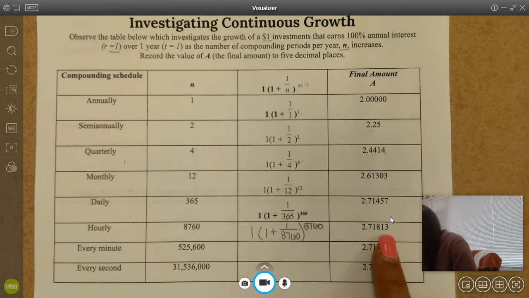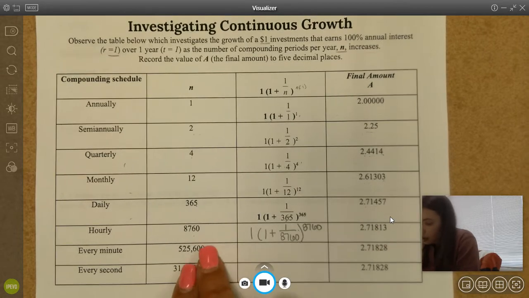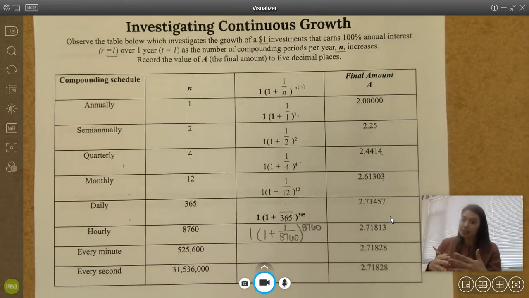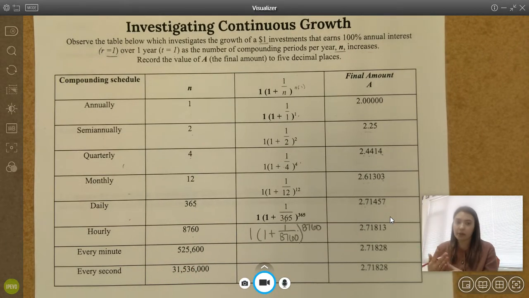And then last but not least, now we're going to get into something that's a little bit more continuous. If something happens once a year, it doesn't really happen that often. If something happens twice a year, it doesn't really happen that often. If something happens 4 times a year, okay. Once a month, okay. Something happens daily, that's way more frequently. Something that's hourly, that's happening all the time.